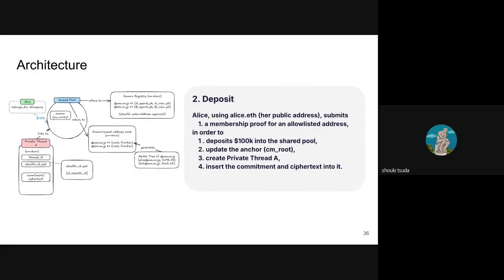Second, deposit. Alice uses a public address like alice.eth and submits a membership proof for the allowed list addresses.